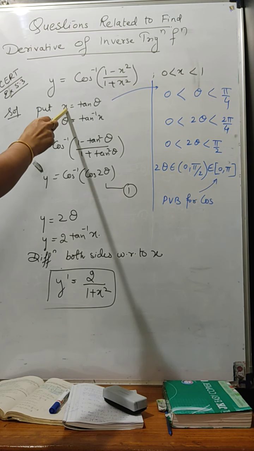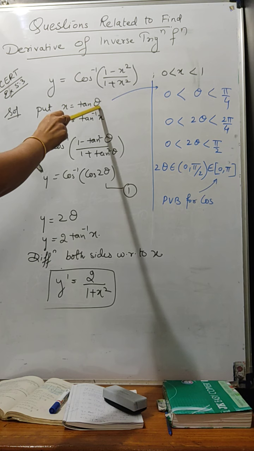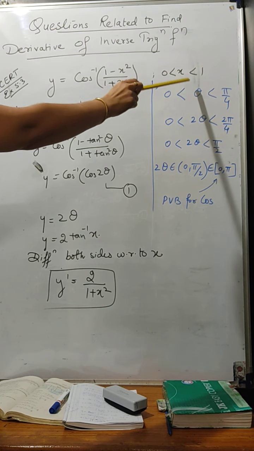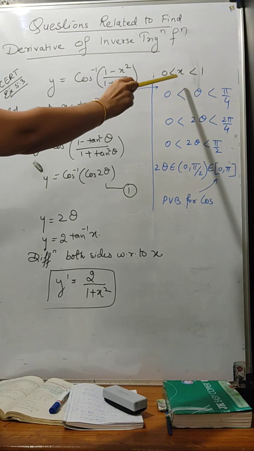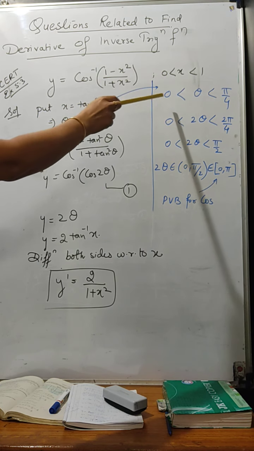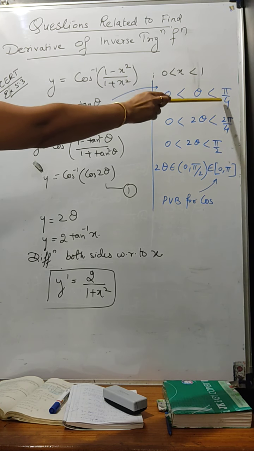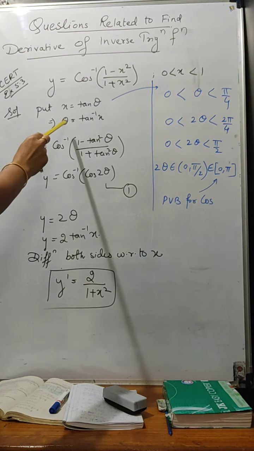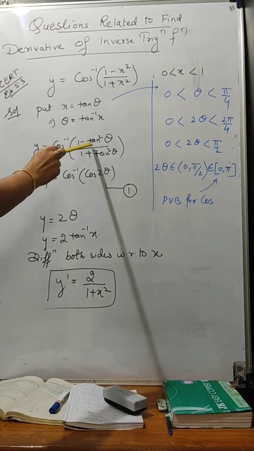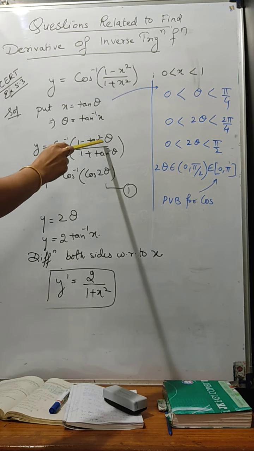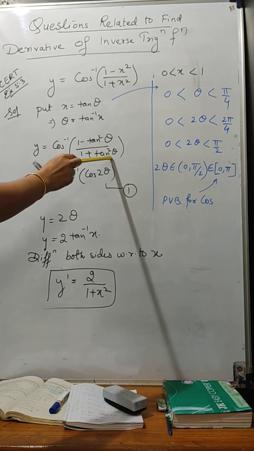Whatever we are substituting for x, that same value of theta should be replaced in the interval also. So when tan is equal to 0, theta is 0 radian, and when tan is equal to 1, it is pi by 4. So we substitute x over here, that is y equal to cos inverse of (1 minus tan square theta) upon (1 plus tan square theta).